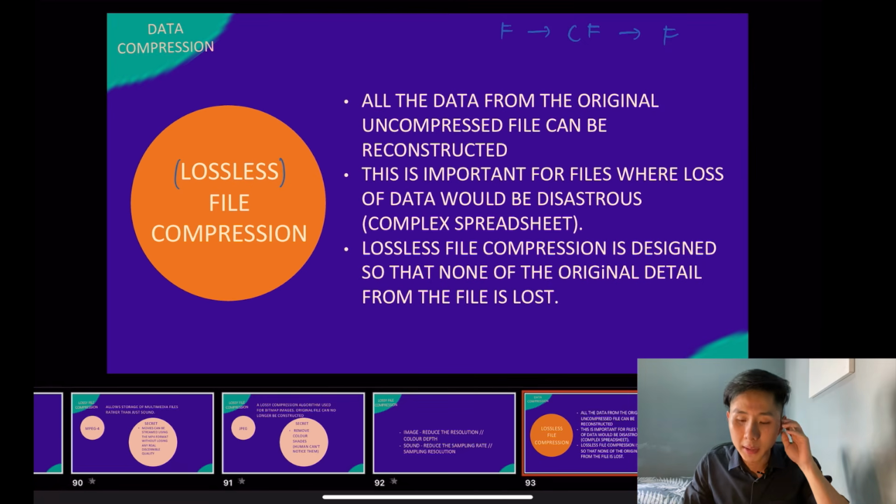This is important because sometimes when we compress a file, we don't want to lose important information, such as when you are working on a very complex spreadsheet for your company and you don't want to lose certain data. It's a compression algorithm designed so that none of the original details from the file is lost.